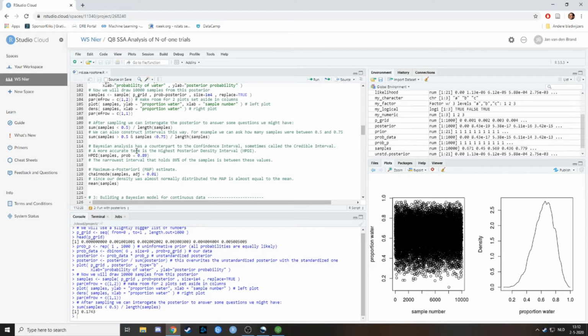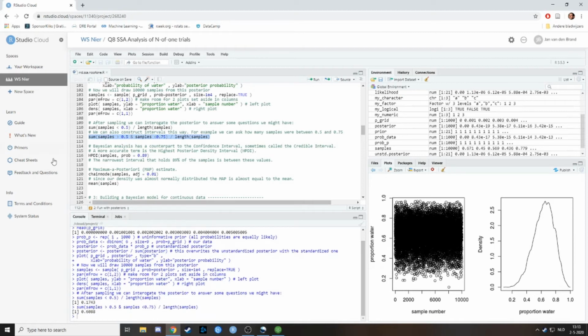We can also construct prediction intervals this way. What we could ask is, what's the number of samples out of this 10,000 which is between 50% water and 75% water. So we simply count up all the times that the sample is between 0.5 and 0.75, and we divide it by the total number of samples, which returns a probability.